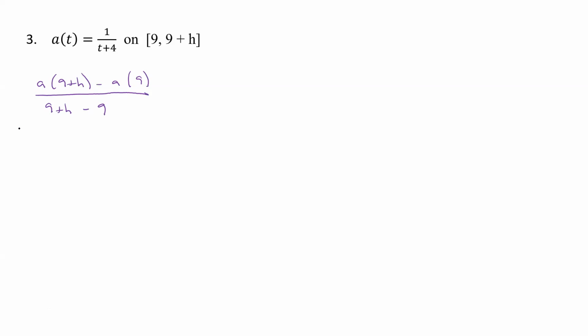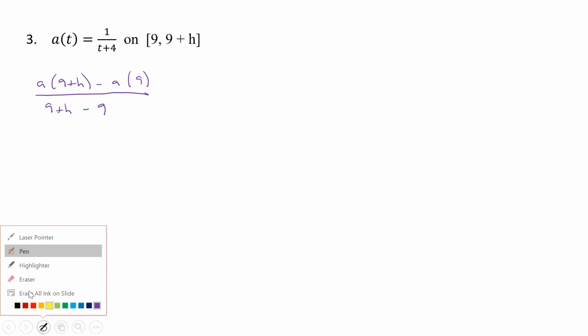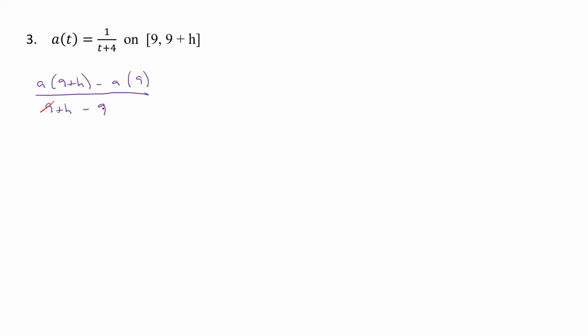Well, now one cool thing is it looks like this cancels this already, so we just have h in the denominator again. Now when we plug this in, we get 1 over, then t is now 9 plus h plus 4, and then we have minus 1 over, and then now 9 is what t is, so it's going to be 9 plus 4, and then that's all over our h.